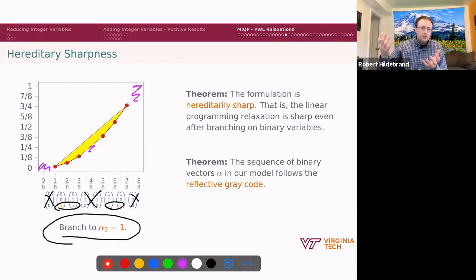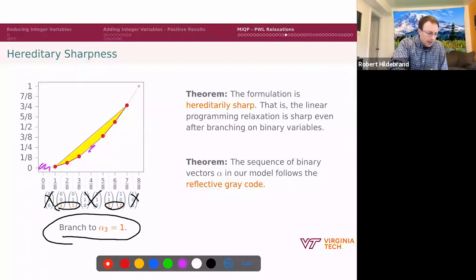And surprisingly, after you do this, setting alpha 3 to 1 in the LP relaxation, it actually projects down to the right convex hull in the end. So somehow the branching here retains these strong sharpness properties, and that should be useful when iterating through a branch and bound tree.